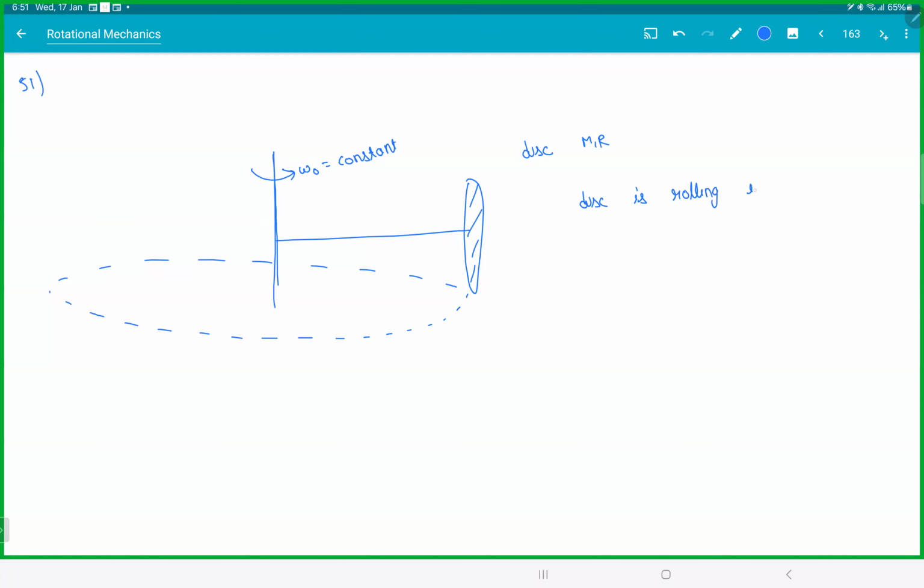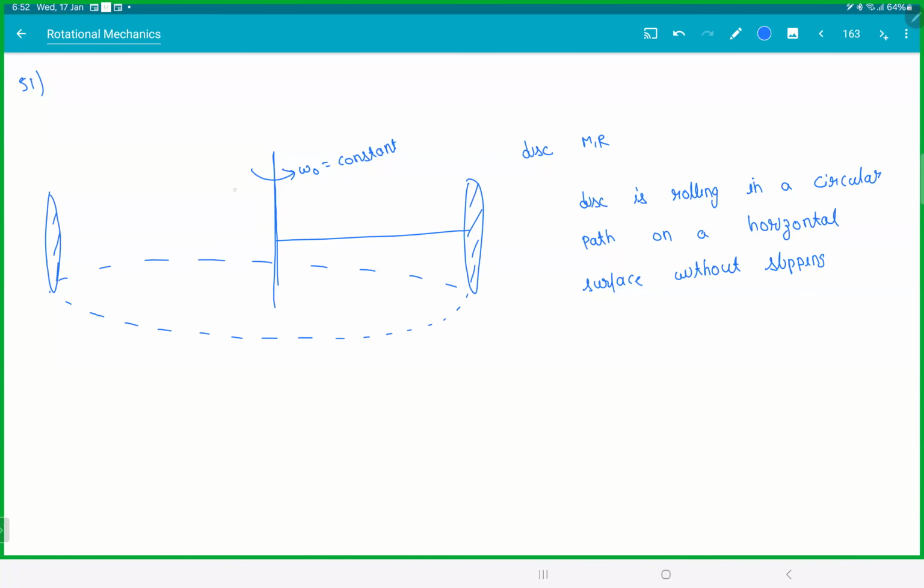The disk is rolling in a circular path on a rough horizontal ground, on a horizontal surface without slipping. Meaning after some time, the ring will come here.